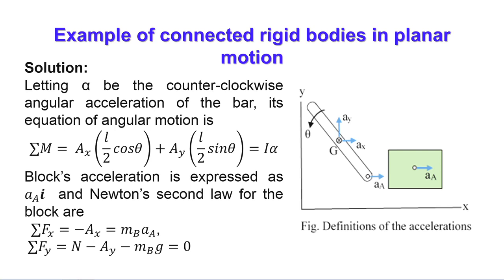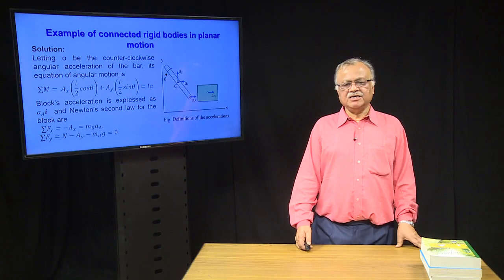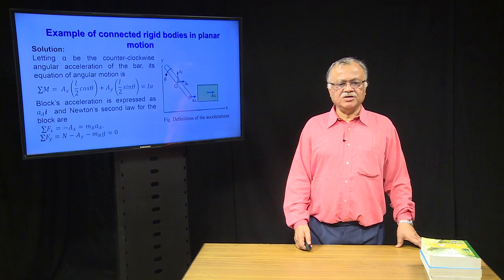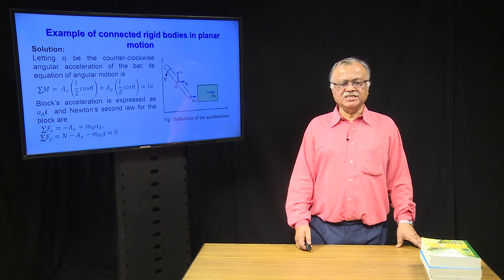This is for the bar, and then we go for the block. The block also has two equations for Newton's law: F x equals minus m B a, where m B is the mass of the block and a is the acceleration, because it is connected at point A. N is the normal force on the block, m B is the mass, and g gives the weight.